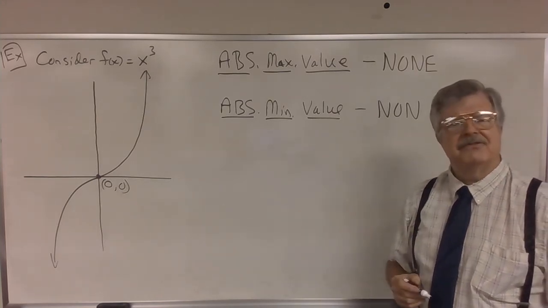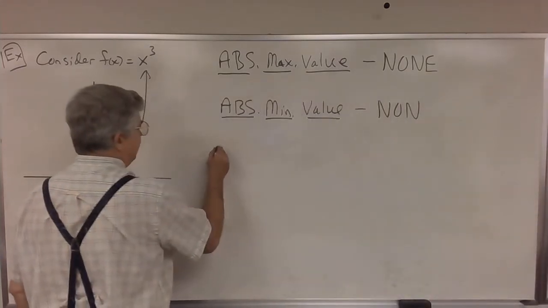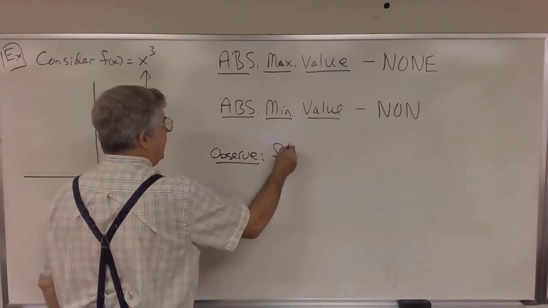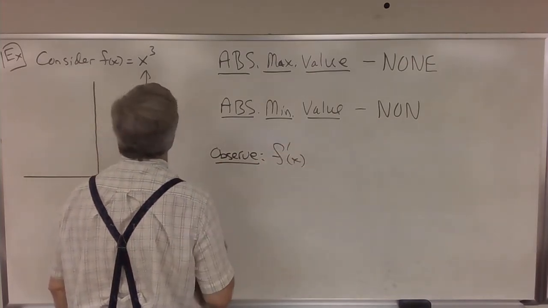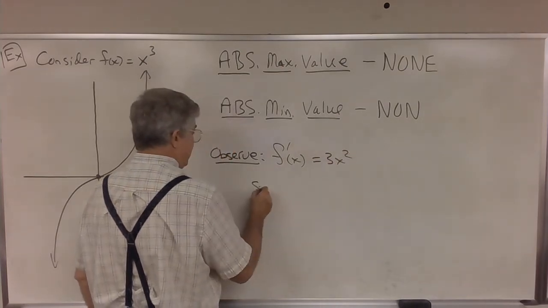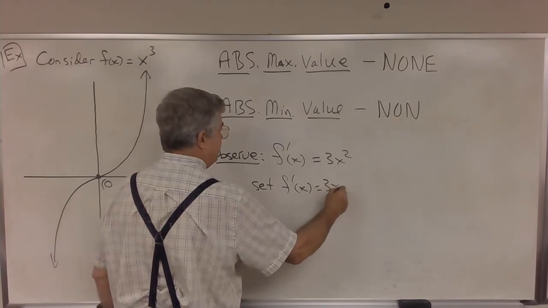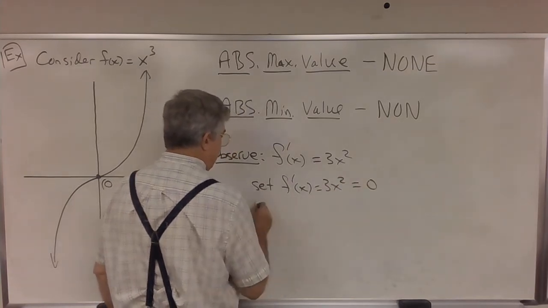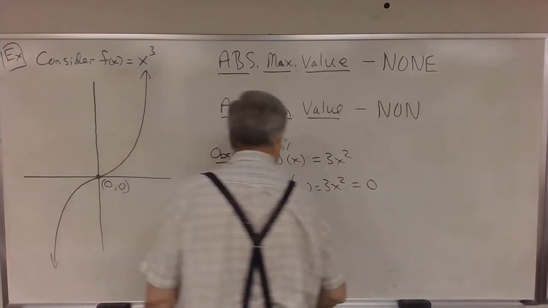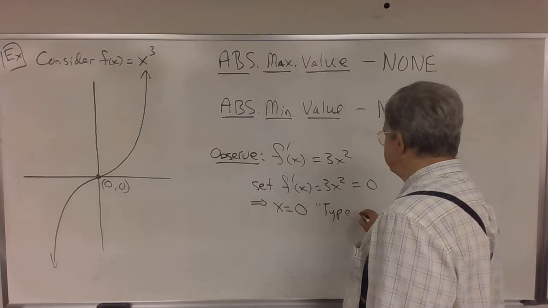I wonder if it has any critical numbers. Let's see. F prime of x is equal to 3x squared. And if we set the derivative equal to 0, that tells us that x equals 0 is a type A critical number.